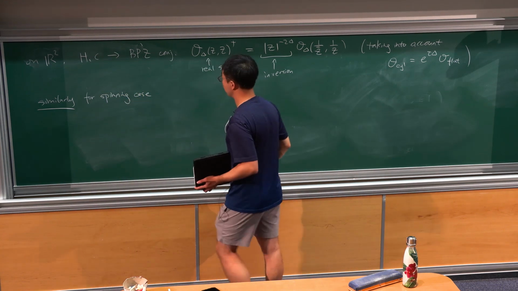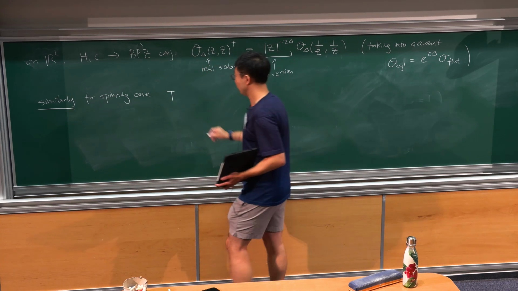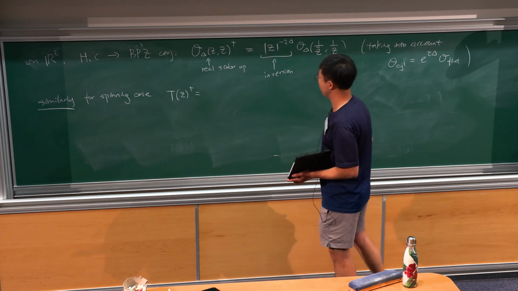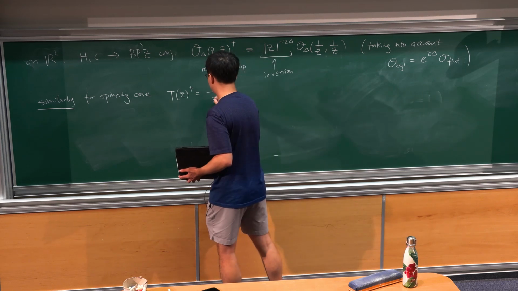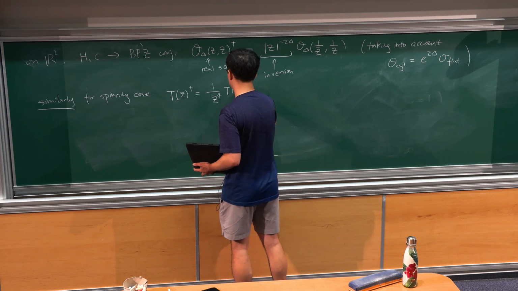In particular, if you study the conjugation on the spin 2 operator, namely the stress energy tensor, the Hermitian conjugation, which will be the key in writing down the unitarity constraint, acts again by inversion. There's a factor of 1 over z bar to the 4, and T of 1 over z bar.